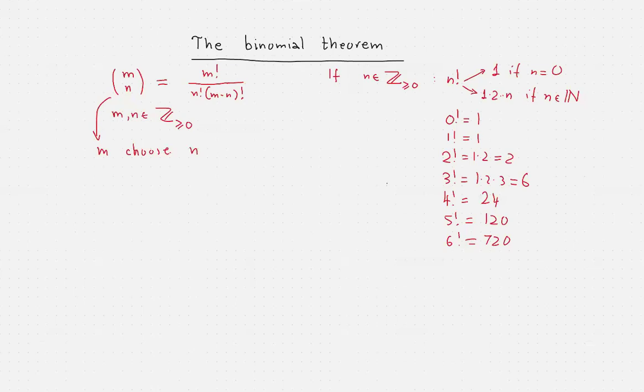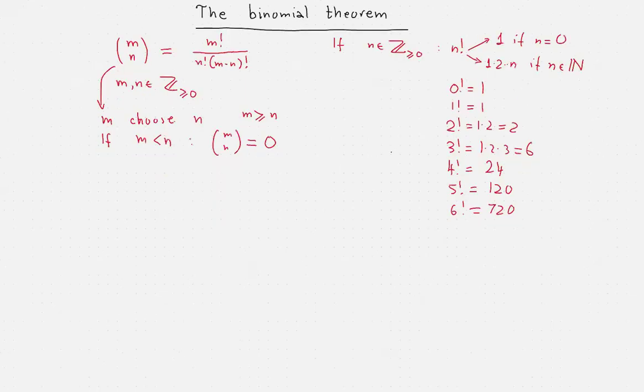And if m is less than n, we usually take m choose n to be 0, but you will see we're not going to have any immediate need for that case. So this has a very nice interpretation. It's not totally obvious that this number is going to be an integer number, but let's just make a very small experiment. Let's see how this works.